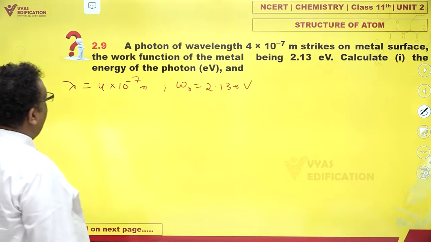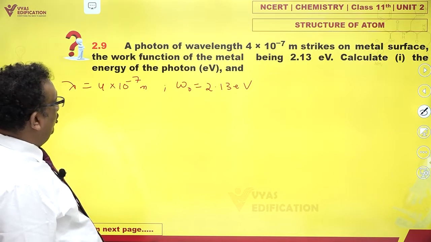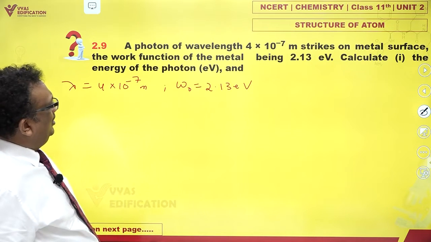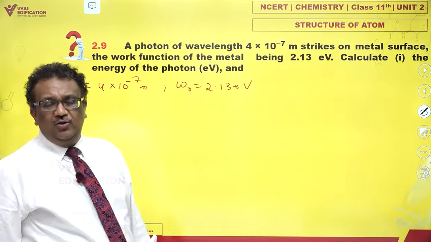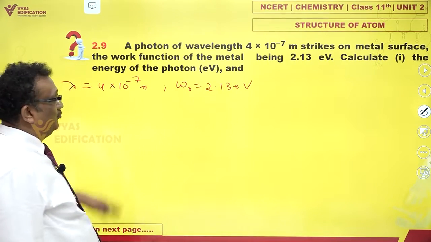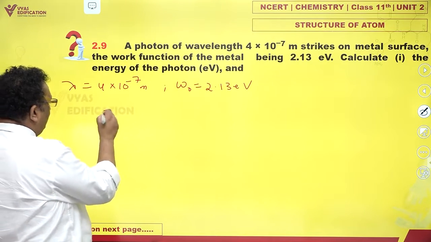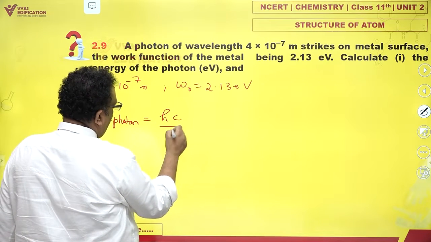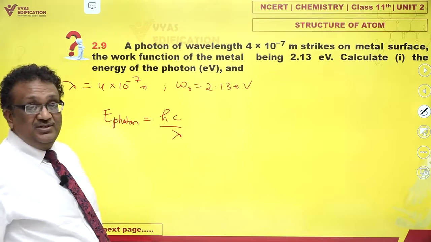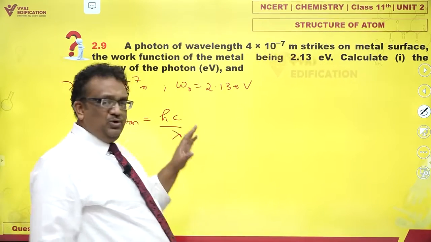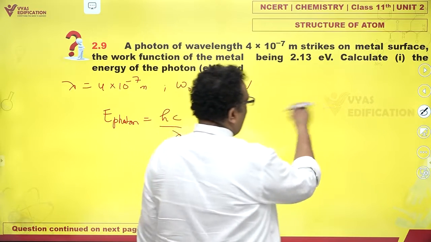We have to calculate the energy of the photon in electron volts, and there are many things to calculate, it seems. First of all, we simply calculate the energy of the photon in electron volts. Energy of photon is hc by lambda. If I substitute standard SI units, I would get some number.